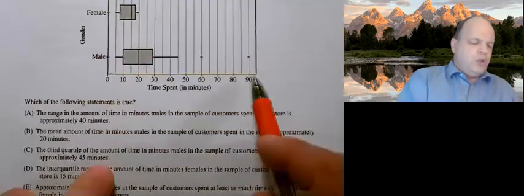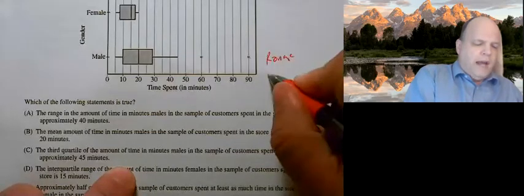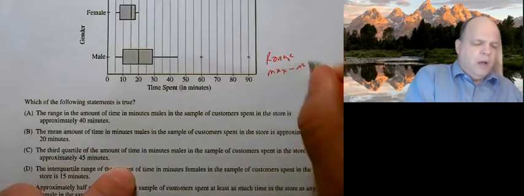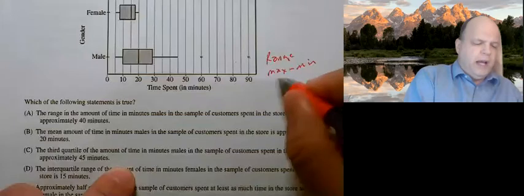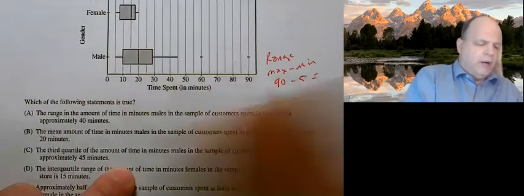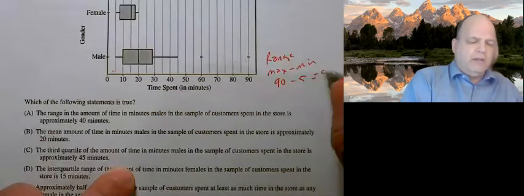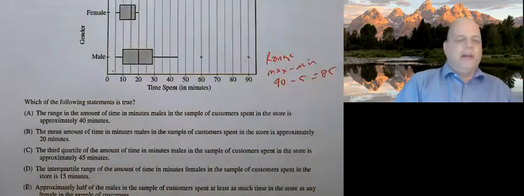Well, the range is max minus min. Well, my max value happens to be 90. My minimum value is about 5 right here. So my max is 85. It is definitely not 40.